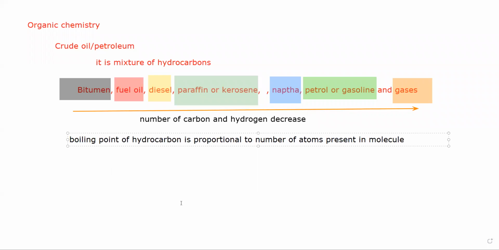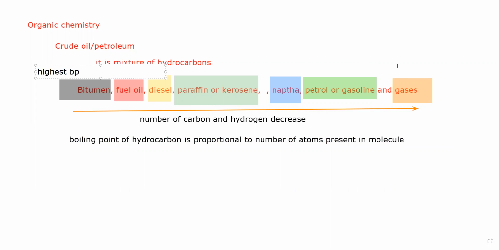Which one you think will have the higher boiling point? Bitumen, fuel oil, diesel, paraffin, naphtha, petrol or gasoline, or refinery gases? Bitumen, because as we know, the more carbons there are, the greater the attraction between the molecules. That is why bitumen will have the highest boiling point. In short, I'm writing BP for boiling point.